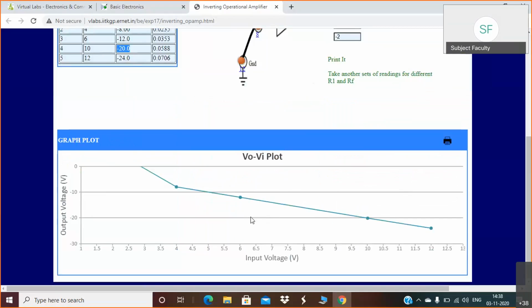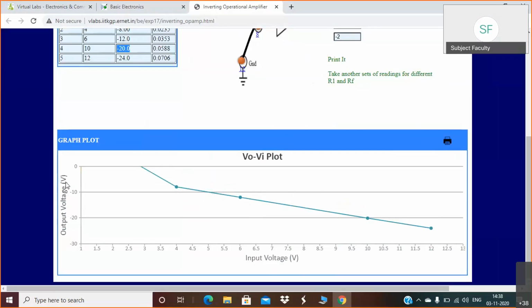You can observe this is the plot. Initially our reading was incorrect, this one was not correct, so you have to skip this part. By observing the correct readings, you will see that you are getting a linear relationship between input voltage and output voltage.